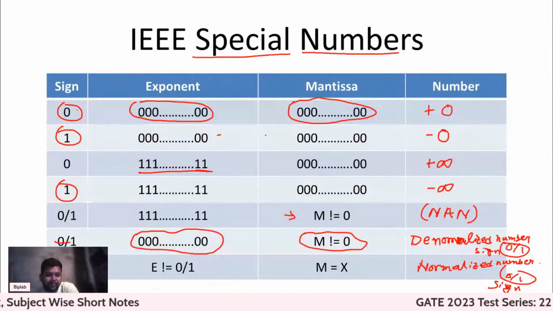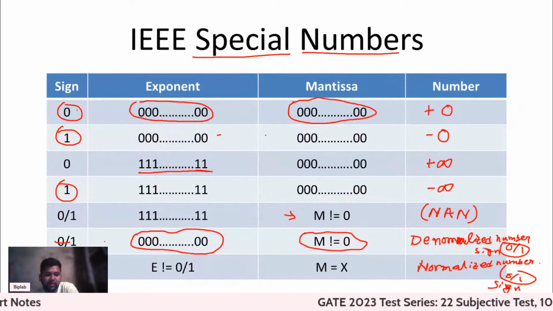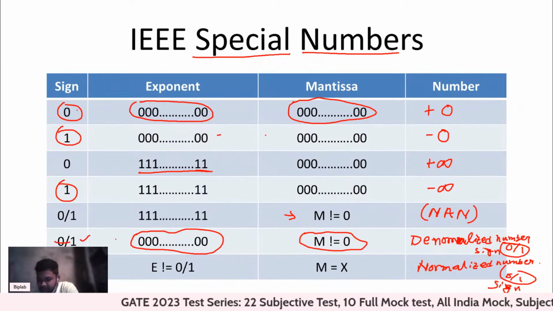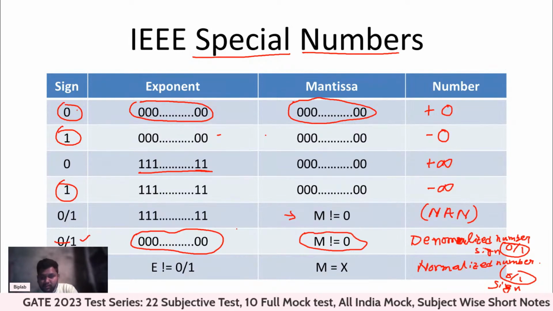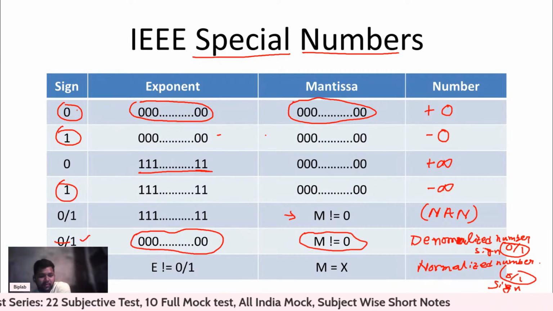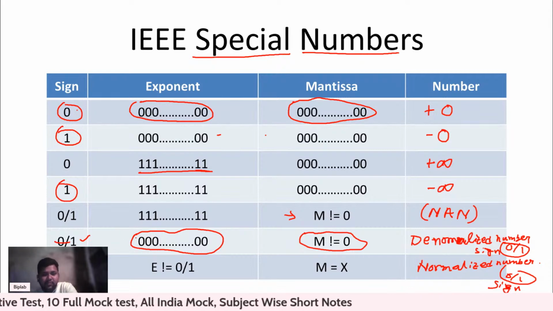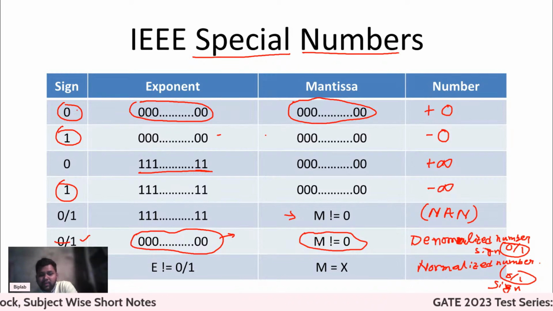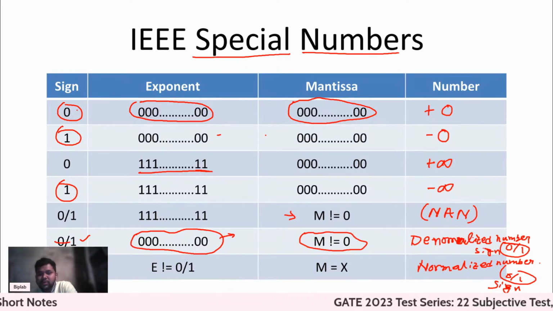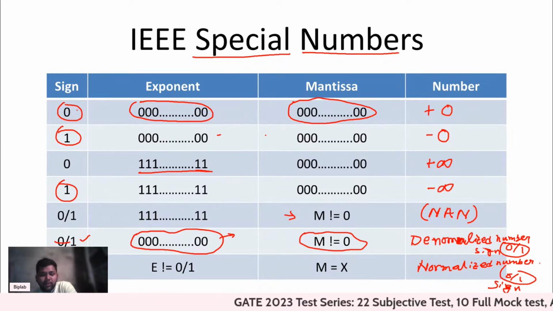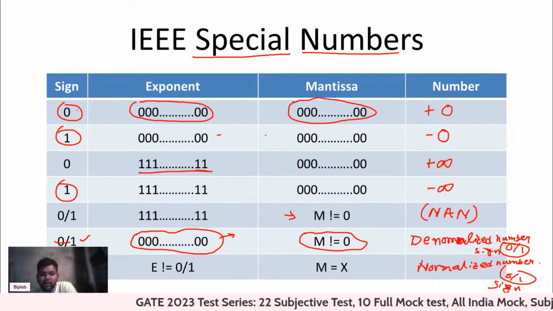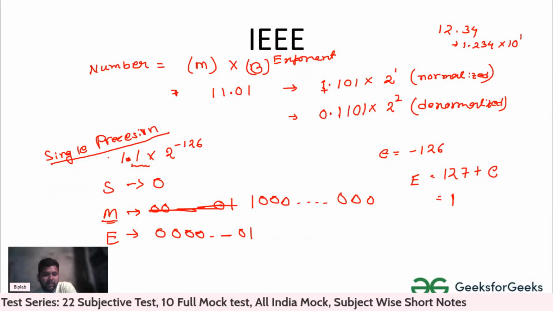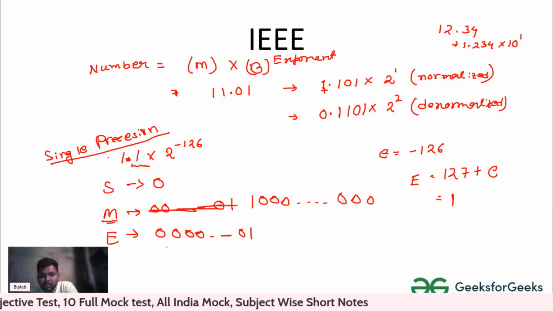When the exponent is all zeros and your mantissa is not equal to 0, this case will be considered, and you will know this is a denormalized number.